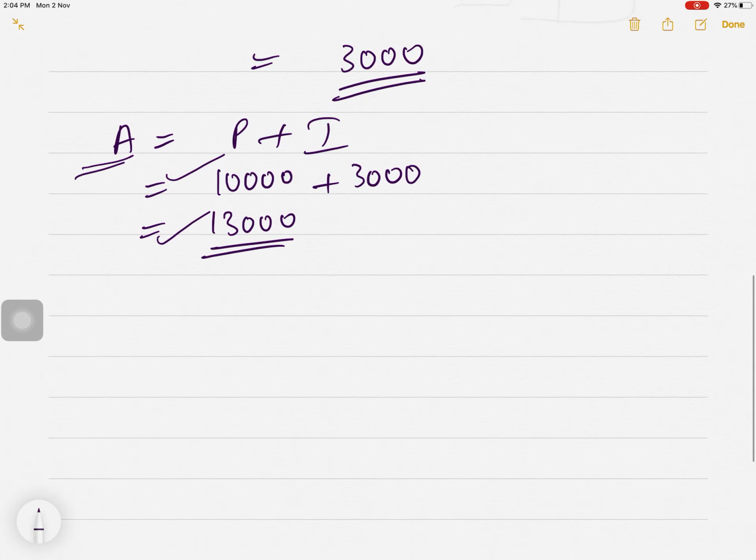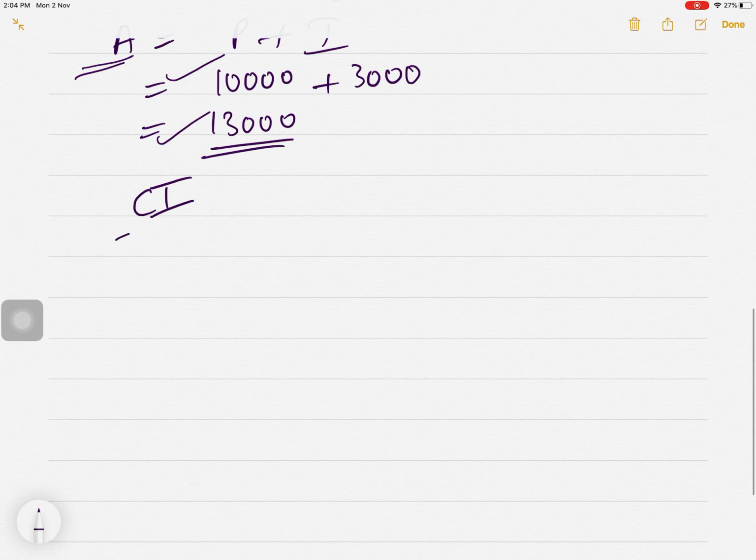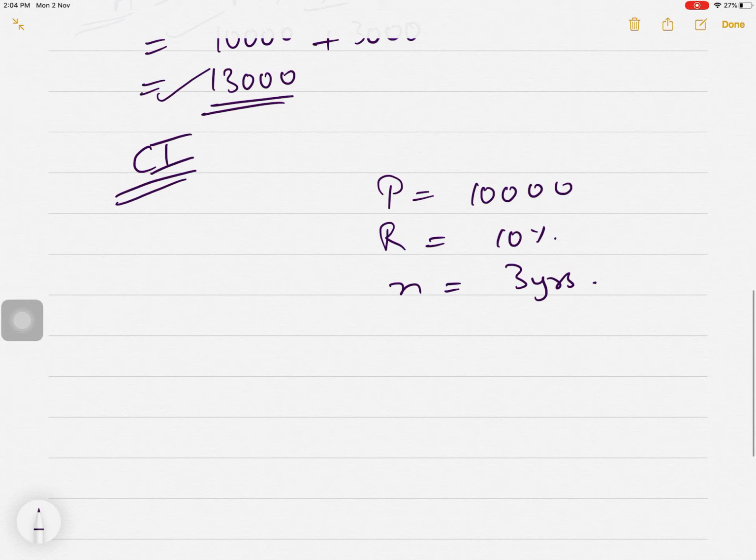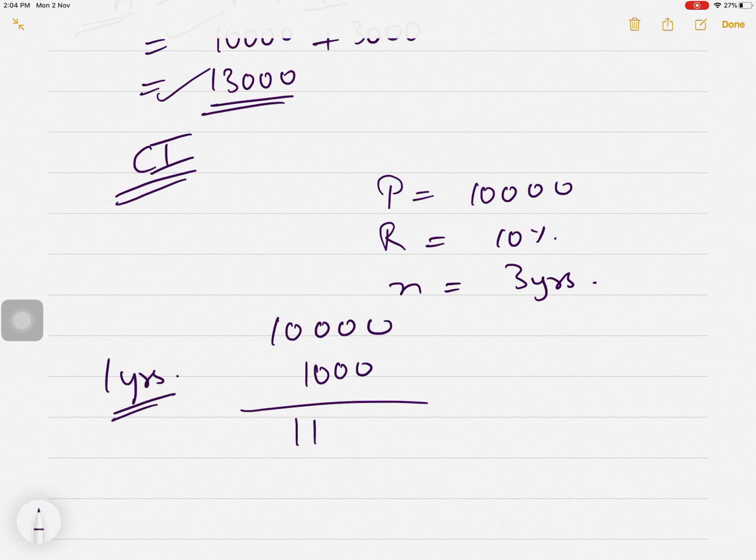But in case of compound interest, how is it? Suppose my principal amount is 10,000, rate of interest is 10%, period is 3 years. Now 10,000 I have invested. First year, 10,000 into 10%, so 1,000 is the interest. So now this has become 11,000.